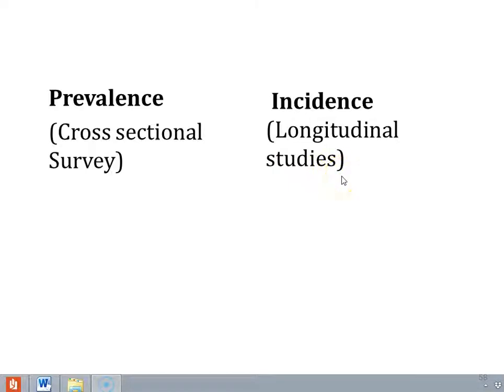Because cohort studies are also longitudinal, but they do not stick to finding incidence only. They find incidence as well as odds ratio, the measures of association and relationship between the two variables.